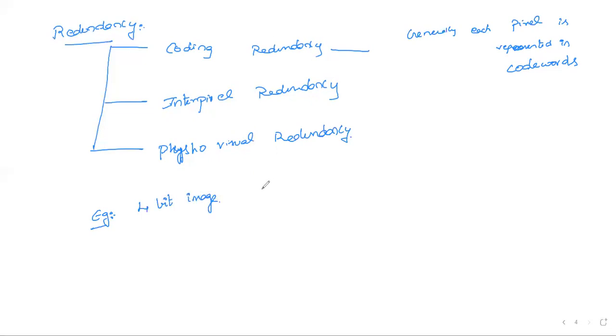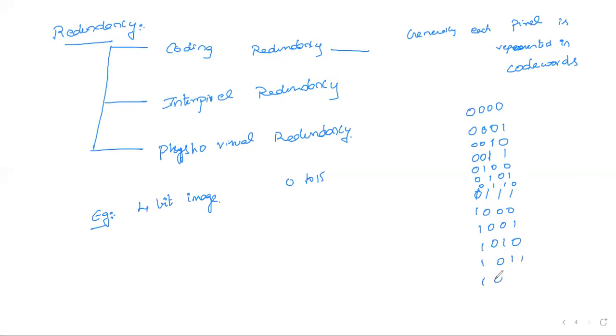A 4-bit image has binary values from 0000 to 1111: 0000, 0001, 0010, 0011, 0100, 0101, 0110, 0111, 1000, 1001, up to 1111.